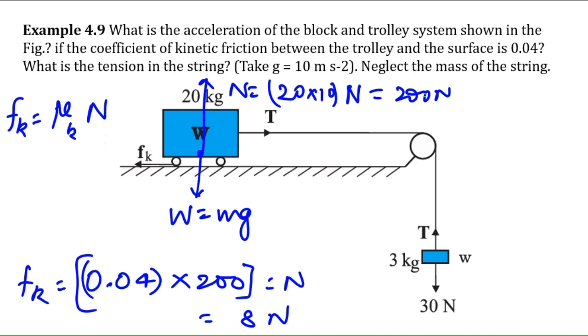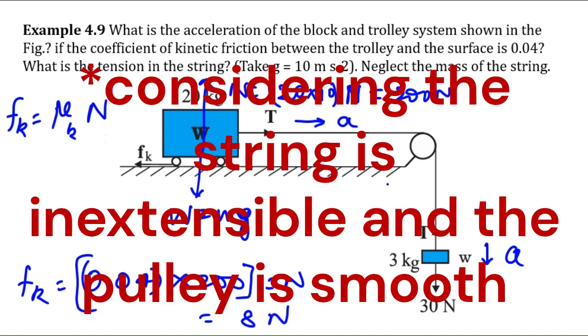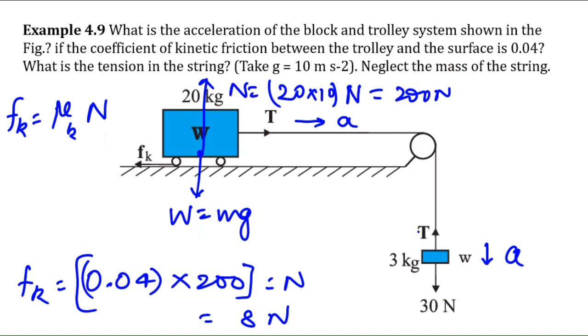What is happening? Let's say this small weight is accelerating downward with acceleration a. Then this 20 kg block will also accelerate with the same acceleration. Whatever the acceleration is, it will be transferred to this block also, and these two blocks will accelerate with the same acceleration. So we can write Newton's law of motion for these two blocks.